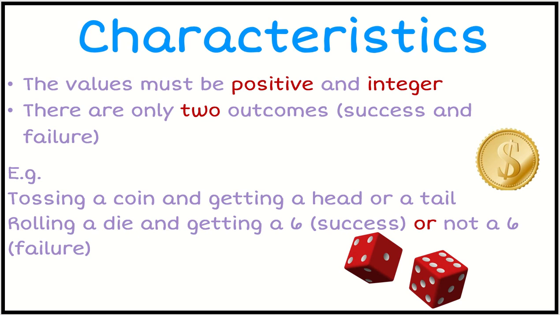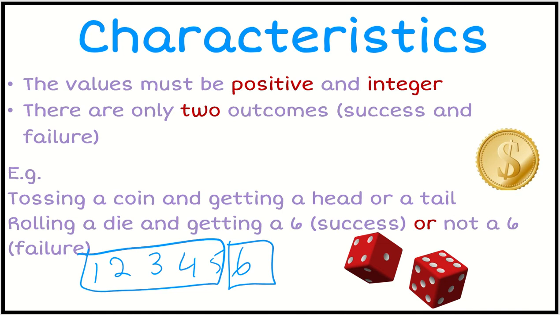If, however, I want to take a scenario like rolling a dice, normally I'm going to get outcomes 1, 2, 3, 4, 5 and 6. That doesn't meet the criteria of having two outcomes because there are 6 outcomes here. However, if I group them, I might group them into, say, getting a 6 versus not getting a 6. That then makes it into a binomial distribution with two outcomes, success and failure.